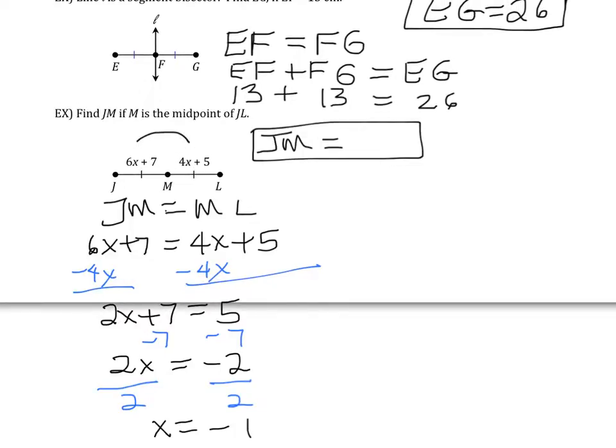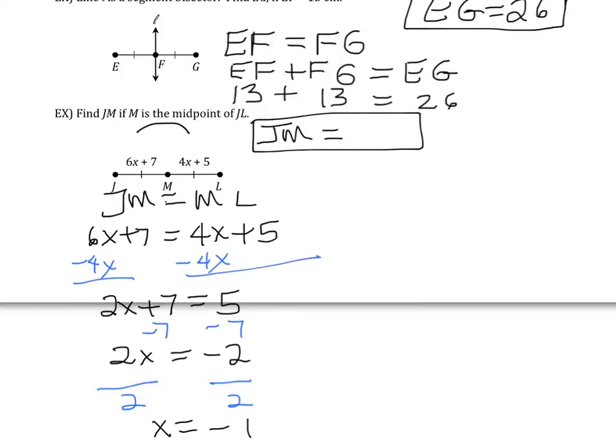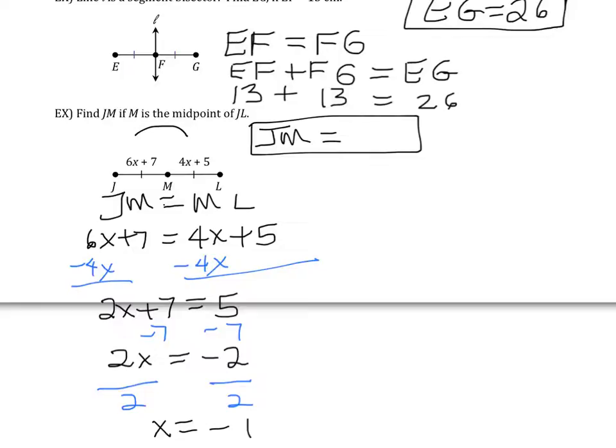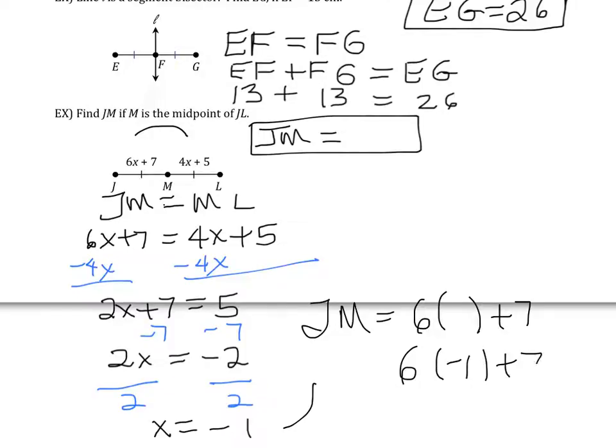Since JM is 6x plus 7 and x equals negative 1, we take 6 times negative 1, and then we add 7 to it. We'll get the measure of JM. So we have a negative 6 plus 7 will equal 1.